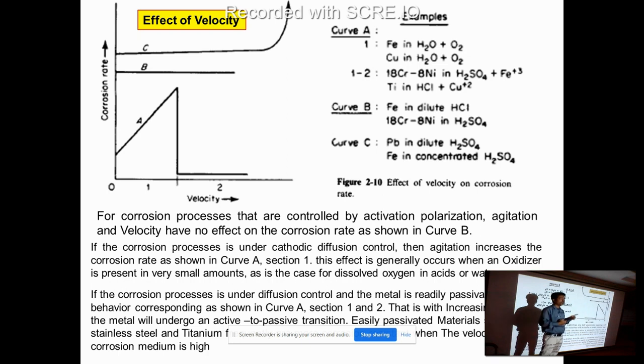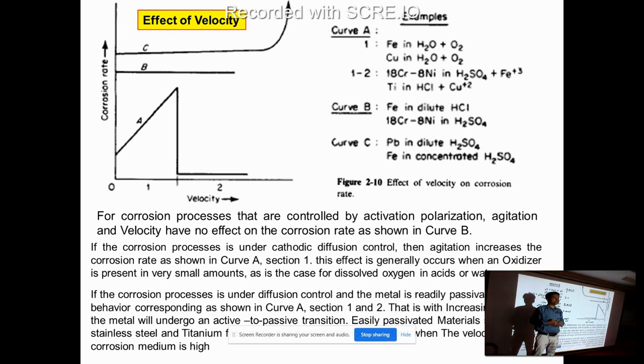We have discussed at length, a complete hour. Activation polarization has four limiting steps: bulk diffusion, reaction on the surface, chemical reaction, and surface desorption. That is at the electrode-electrolyte interface.